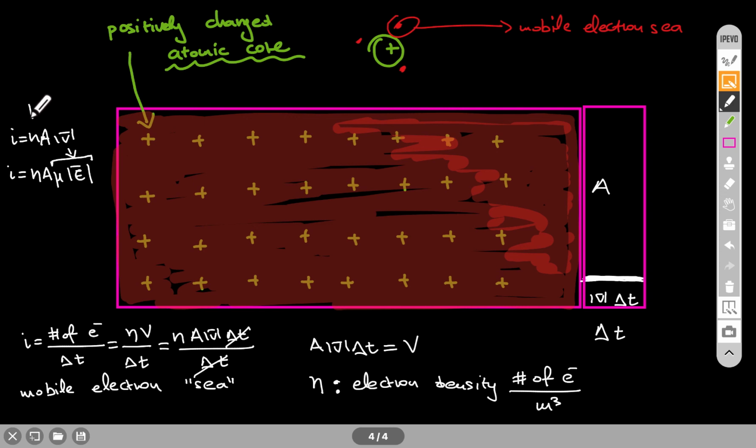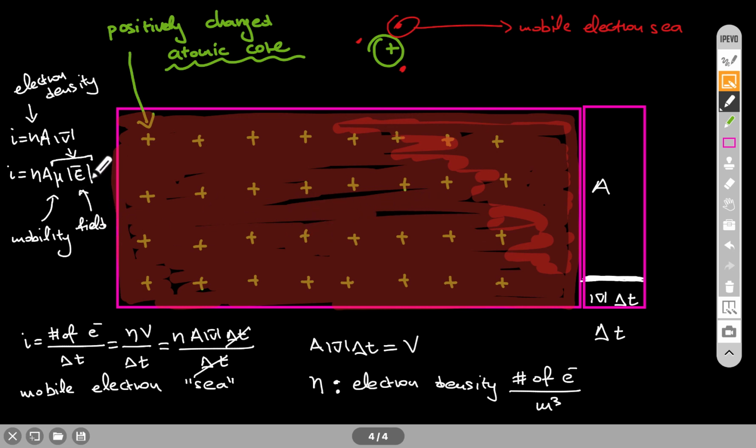So let me remind you, this here is the electron density. The Greek letter mu here, this is the mobility. And the magnitude of E just refers to the strength of the electric field inside.